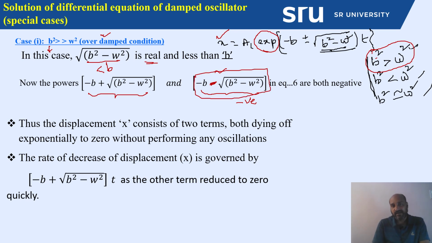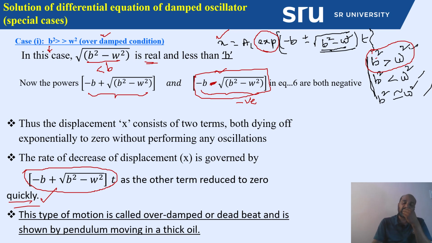And we can analyze the decrement of position of the oscillator due to damping through this first factor, because it is a little bit negative. But however, the amplitude will reduce to zero. I mean, the oscillations will come to the equilibrium position very fast, because both the terms are negative.